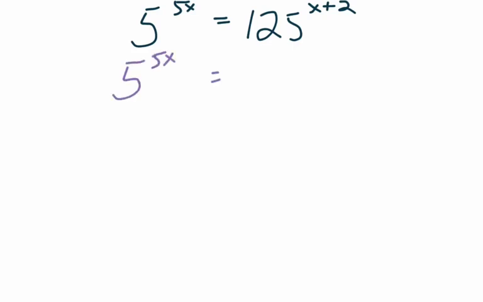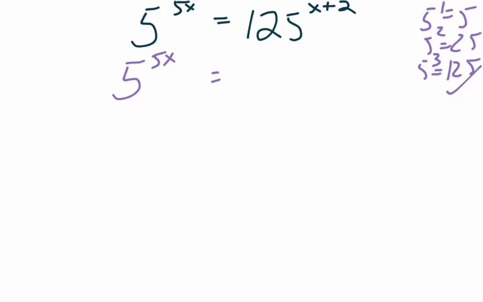So that's going to require me to do a little bit of scratch work. 5 to the first power is 5. 5 squared is 25. 5 to the third power is 125, and I have a winner. You do not have to show that. That is me teaching and writing it down to explain where it's coming from. So I have 5 to the third power.